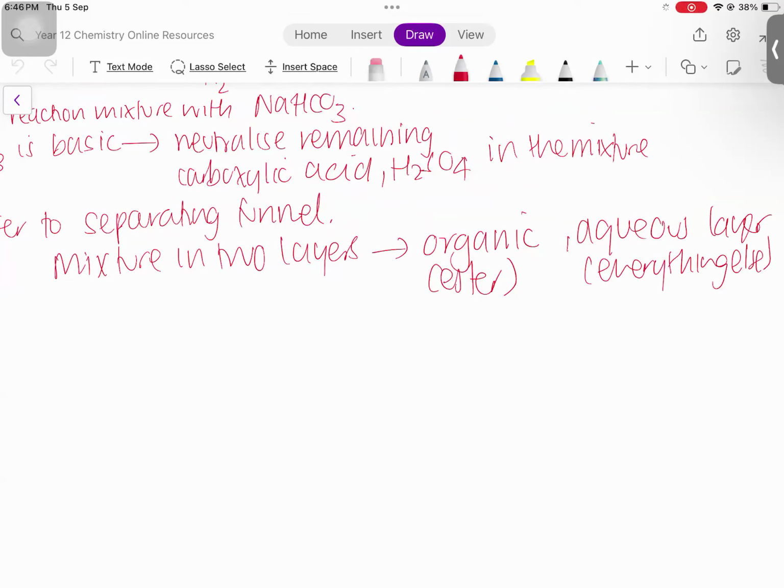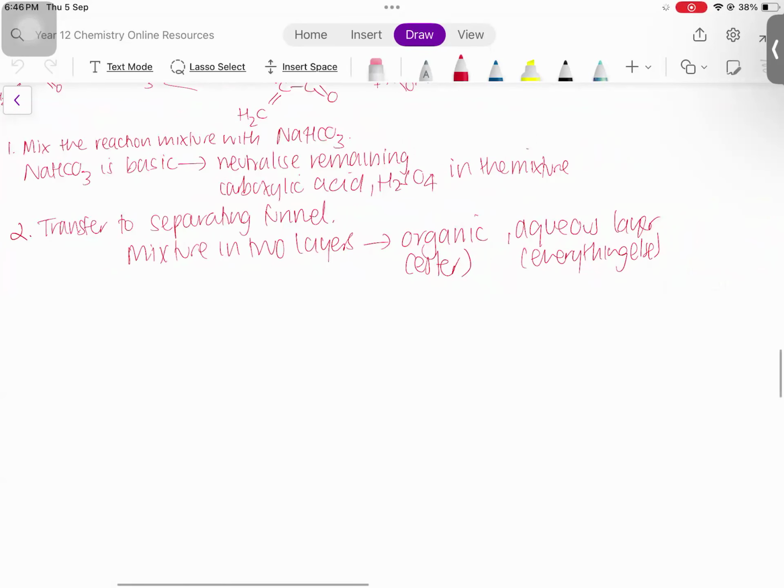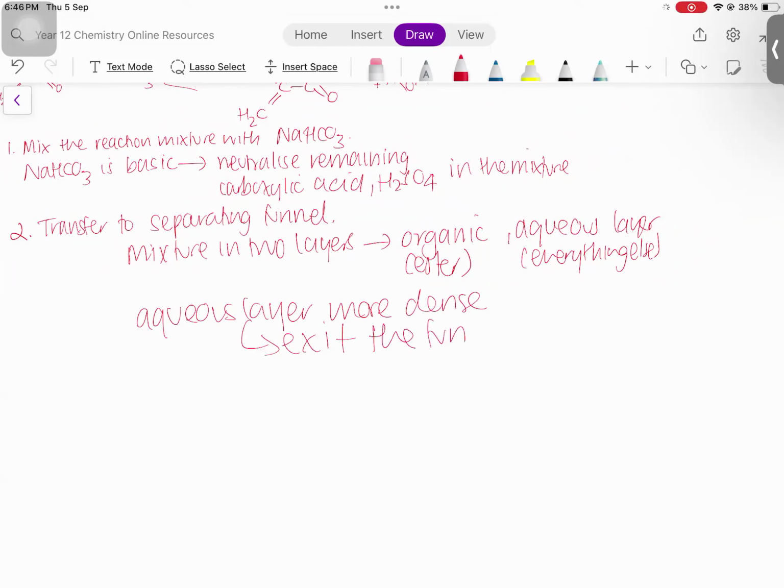Now, your aqueous layer is more dense, which means it's going to go down to the bottom. So aqueous layer, more dense. So it will exit the separating funnel and then you'll keep the organic layer inside of the funnel.